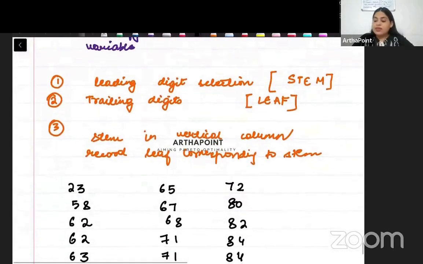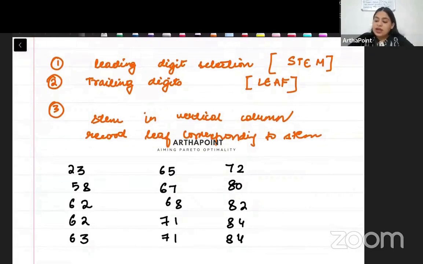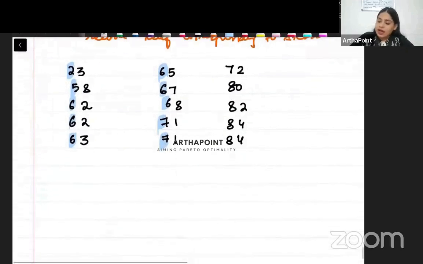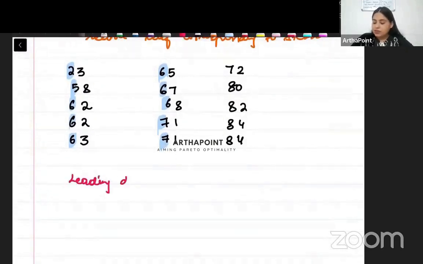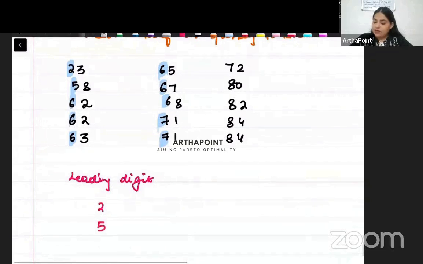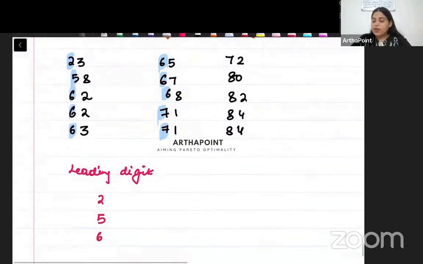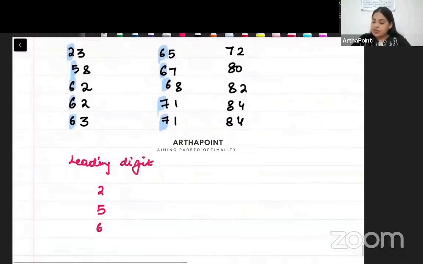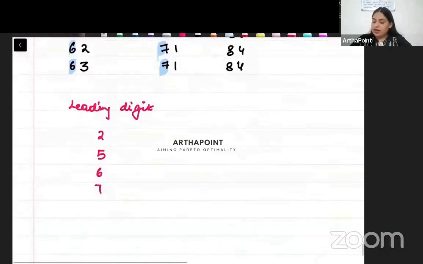Now, what am I saying? I am saying leading digit selection becomes the stem. Leading digit माने क्या होता है? The tens digit. That will come out as your stem. So what will I write? I will have my leading digits, and that will be 2, 5, 6. बेटा एक ही बारी 6 लिखोगे, बार बार नहीं लिखना है, ठीक है? 2, 5, 6, 7 and 8.